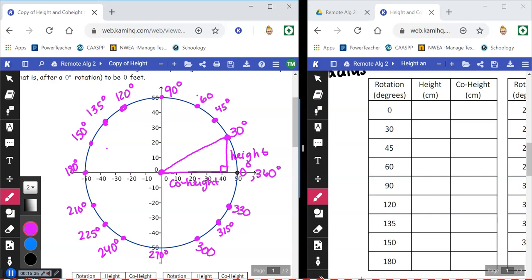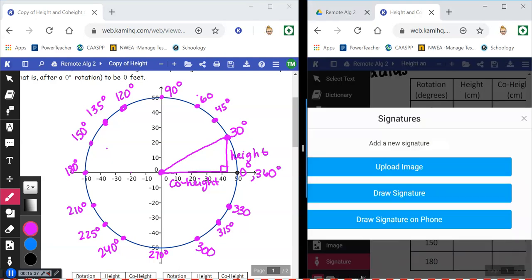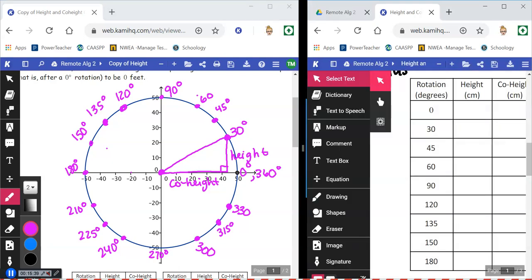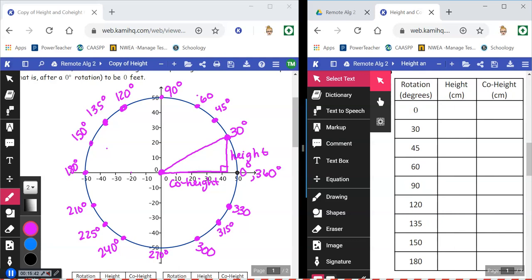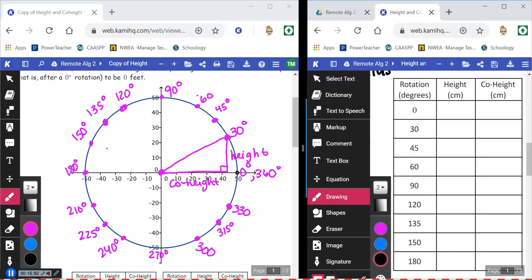So it looks like our height would be about 25 feet, sorry. I don't know why I just said degrees. For the 30-degree rotation, our height would be at about 25 feet, and our coheight would be at, I'm getting like 45 feet.